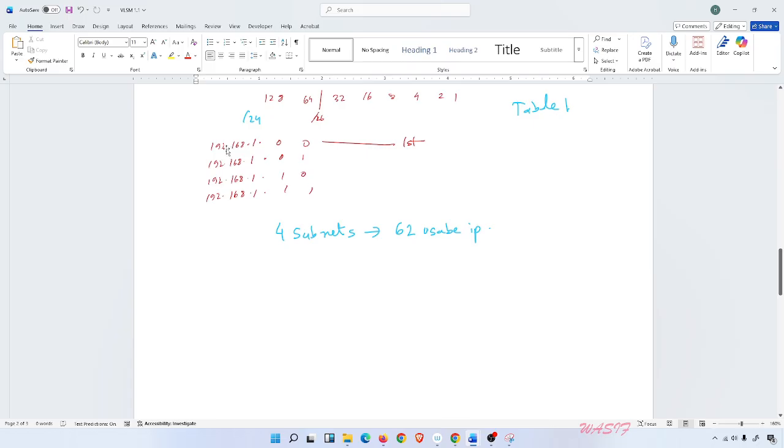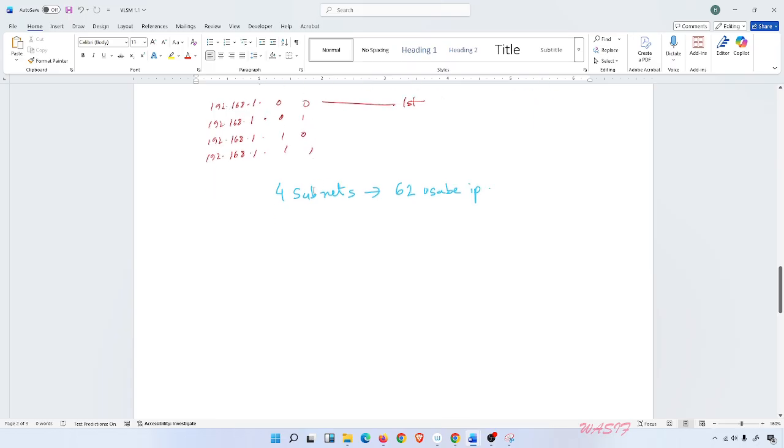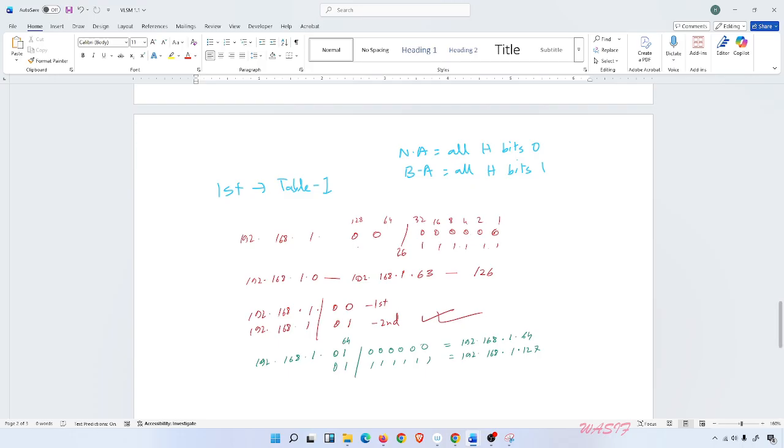You are taking the first one from the table and leaving the other 3. Since it is /26, you cannot touch the network portion, so it will be 192.168.1.00. Now make all the host bits zeros, and then all the host bits ones. This is the network address and this is the broadcast address. So this will solve the problem for 60 IPs.